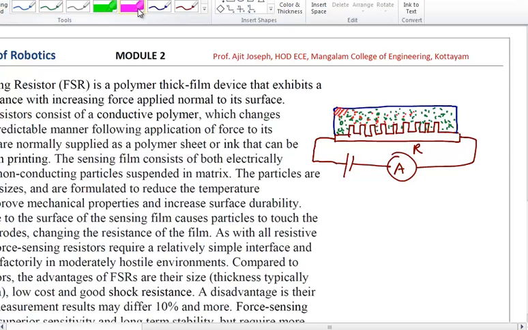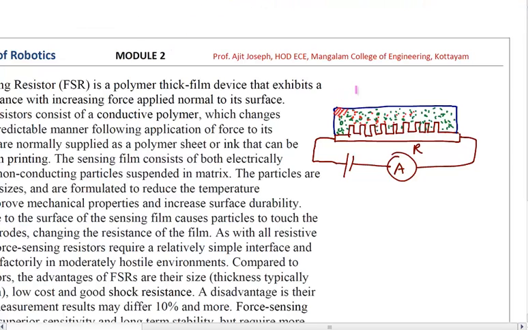Now suppose some force is being applied in this direction. What will happen? This side will compress.